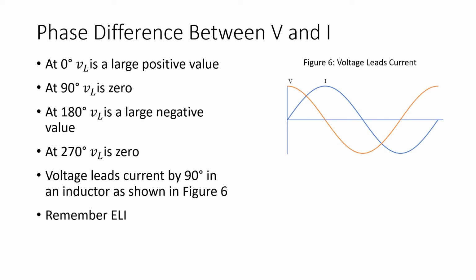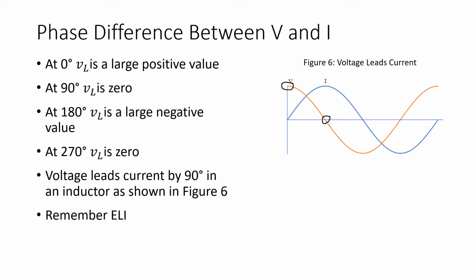So again, from the previous slide, we saw that at 0 degrees, di/dt is a large positive value. Therefore, at 0 degrees, VL is a large positive value. At 90 degrees, since di/dt is 0, the induced voltage will be 0.